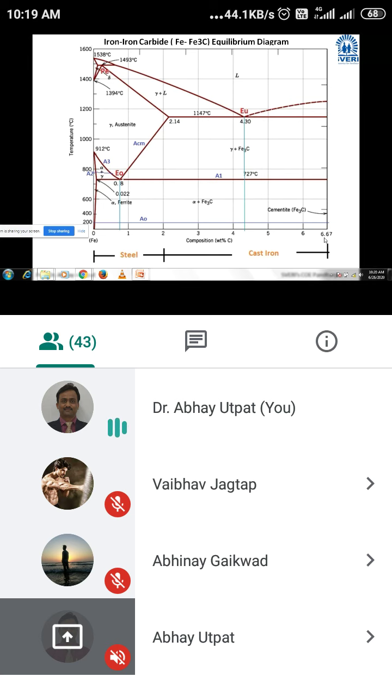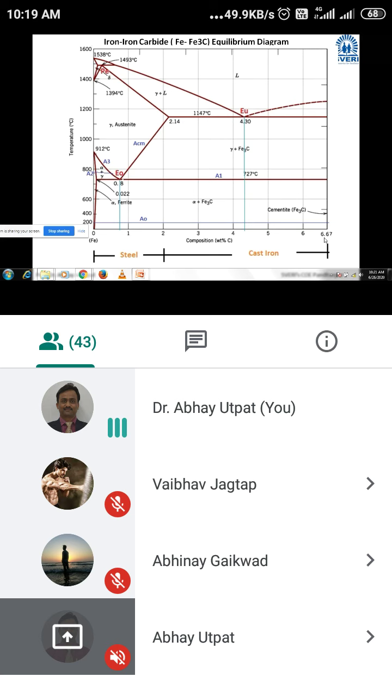The maximum percentage of carbon in steel is 2%, and the maximum percentage of carbon in cast iron is 2 to 6.67. So these are the two important main alloys of iron and carbon.